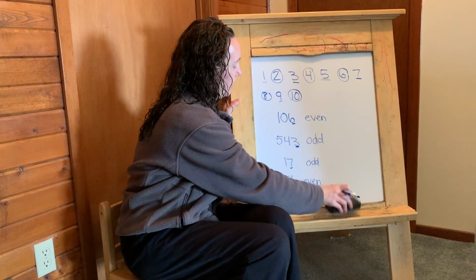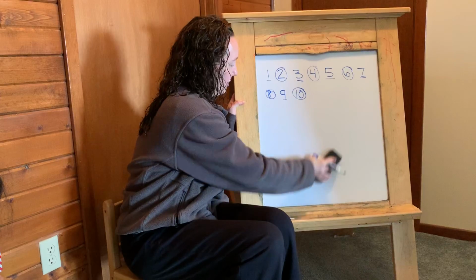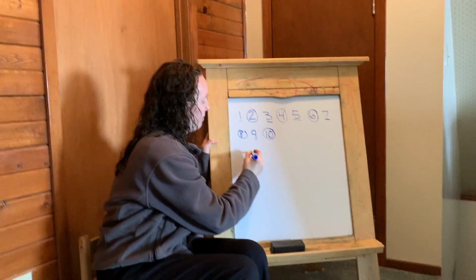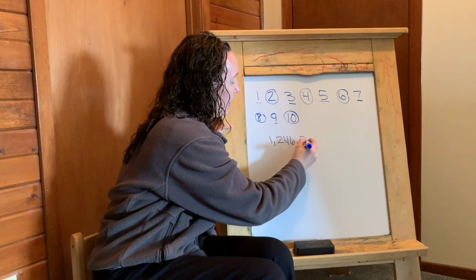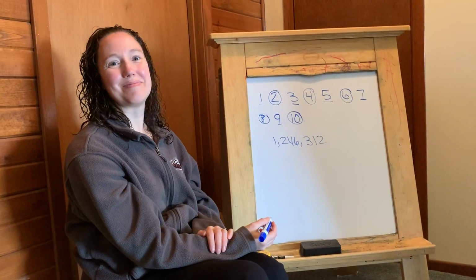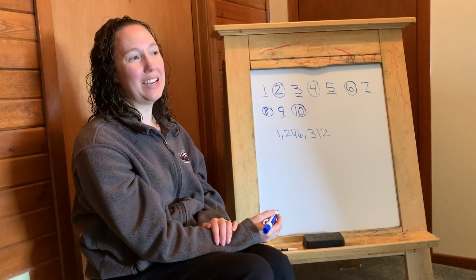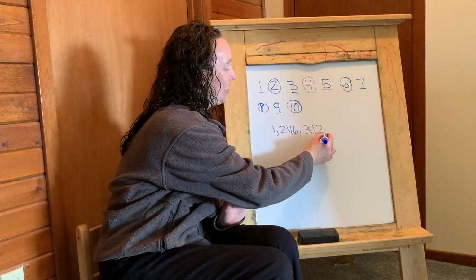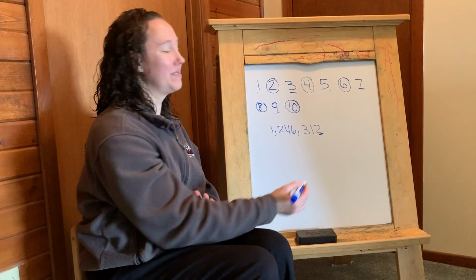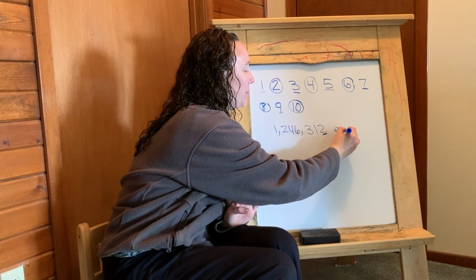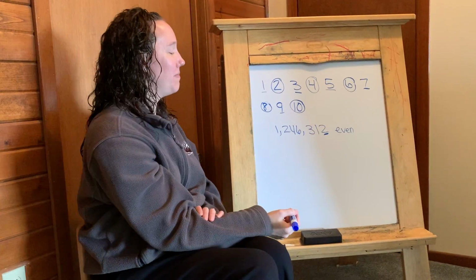What about the number 1,246,312. Lots of numbers, but again, we just have to look at that last number, odd or even. It's an even number because 2 is even.